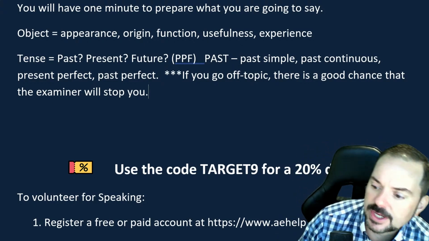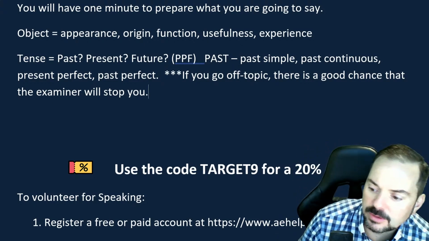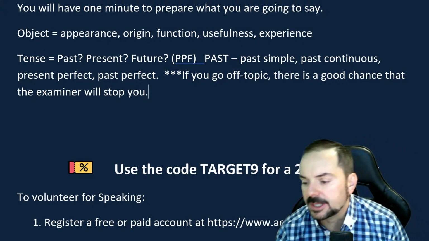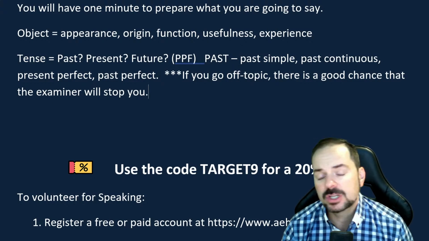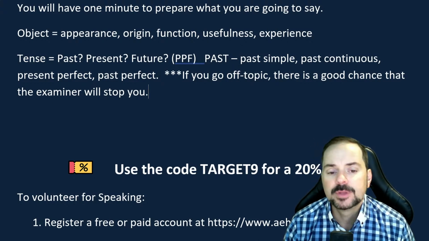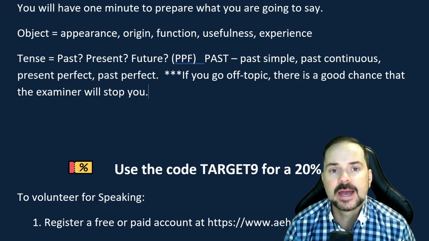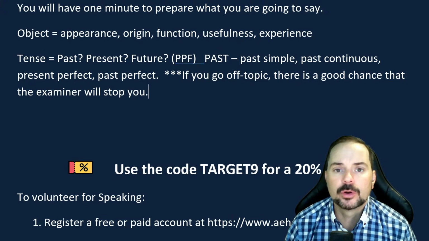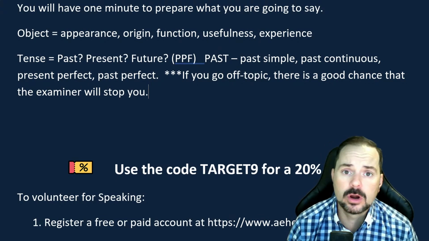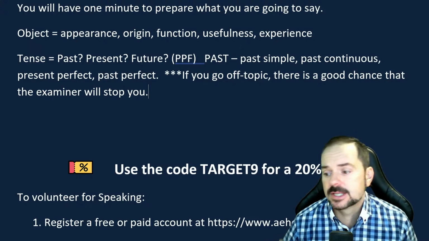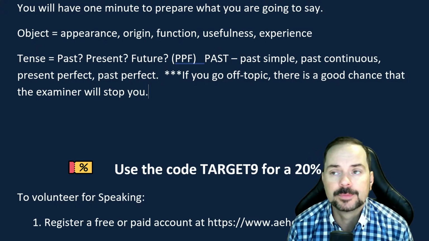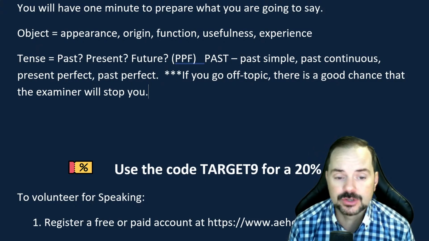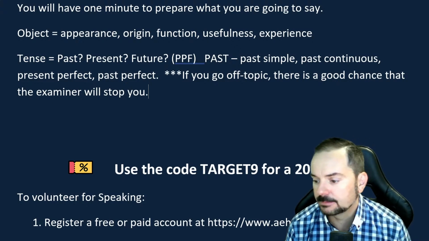Baljit says, sir, can I take a storytelling approach to describe it vividly? Yes, to sound original and to give details, Baljit, is really important, but you have to make sure that you're answering all the questions on the card, and that in the big storytelling process, you don't go off topic or forget to answer some questions.